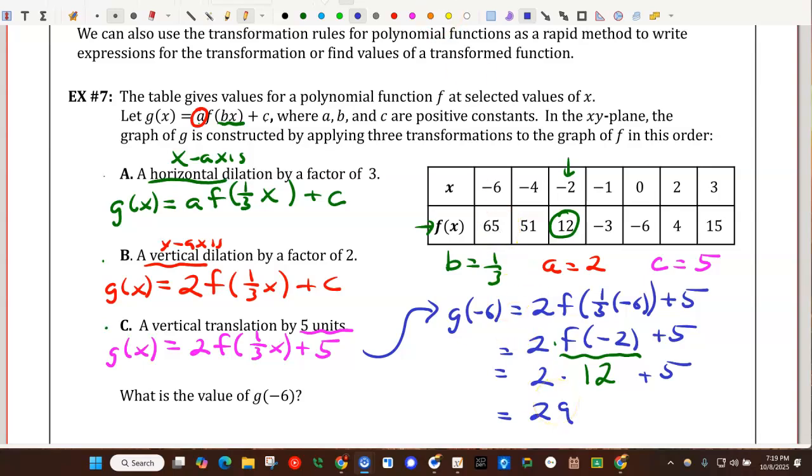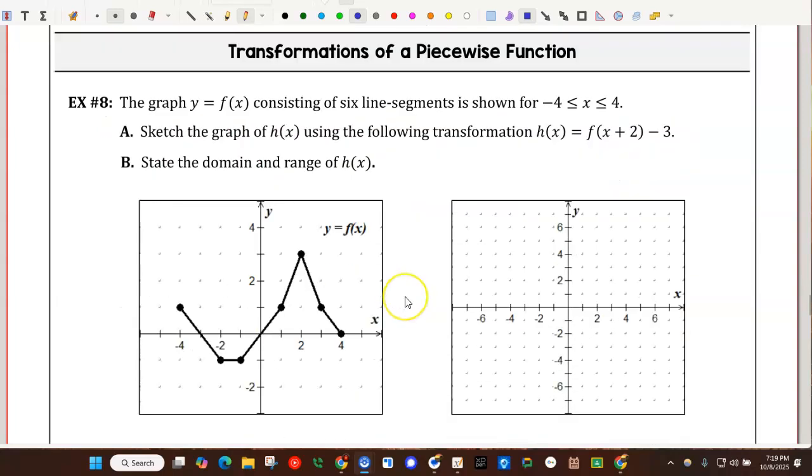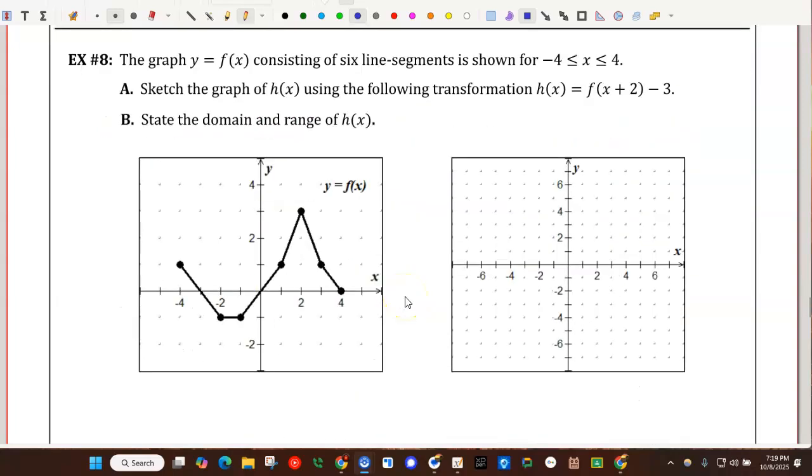All right, let's move on down and just do a little bit of review of our domain and range and translating. Just recall, what does the function do when we have a x plus 2 inside, right? That plus 2 is going to make our graph move. Which direction?